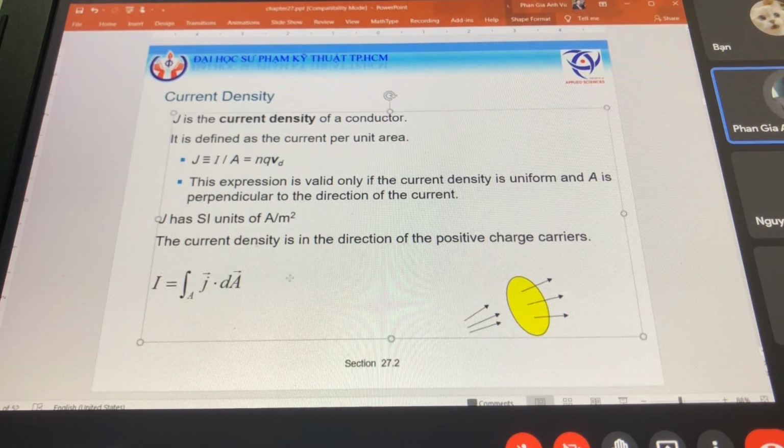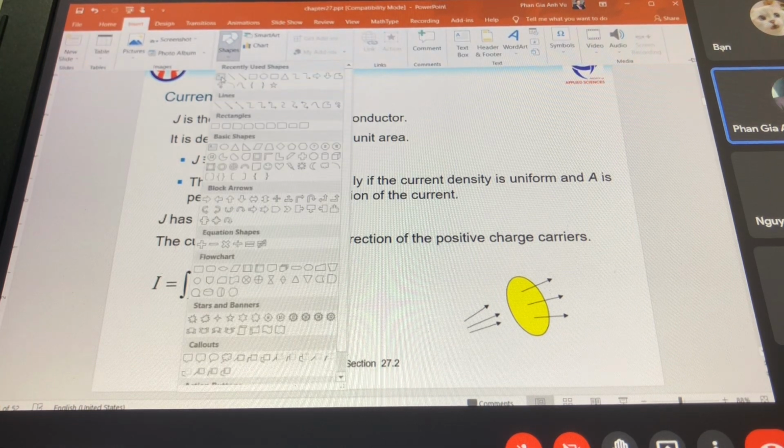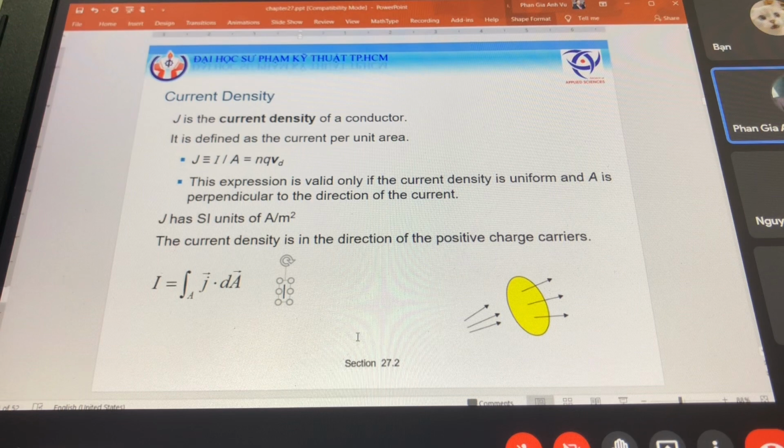In this case, I can say, in other words, the current is really the current density flux.